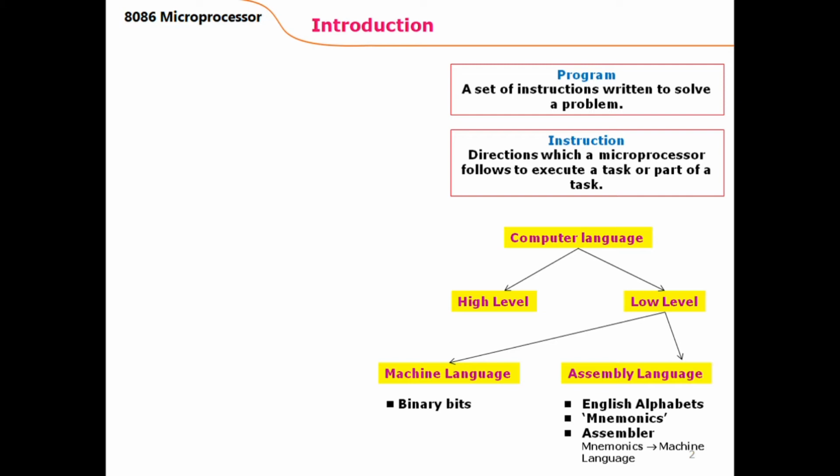For this process, other programs are used to do this translation, and those programs are normally called assemblers. The job of the assembler is to translate mnemonics or English alphabets to machine language instructions, which are then executed by the machine.